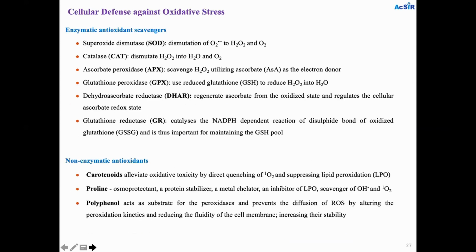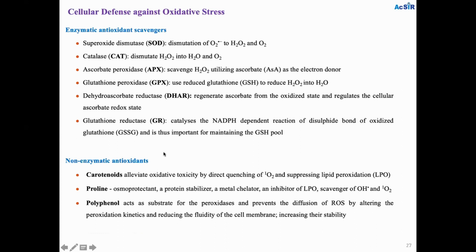The cell has cellular defense against the generation of this oxidative stress, and there are two types of scavengers: enzymatic antioxidants and non-enzymatic antioxidants. Enzymatic antioxidants contain SOD, catalase, APX, GPX, this kind of enzymes, which can eliminate these reactive oxygen species into H2O2 and O2.